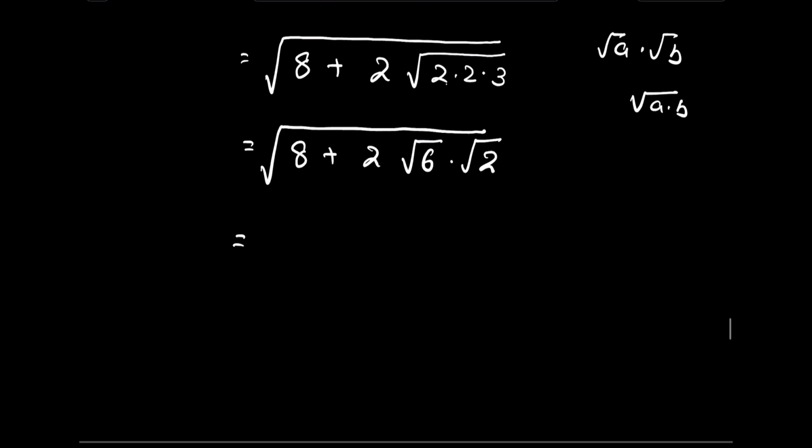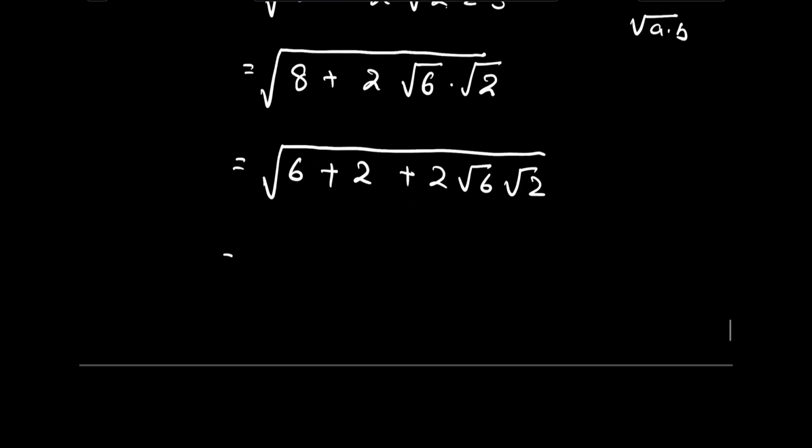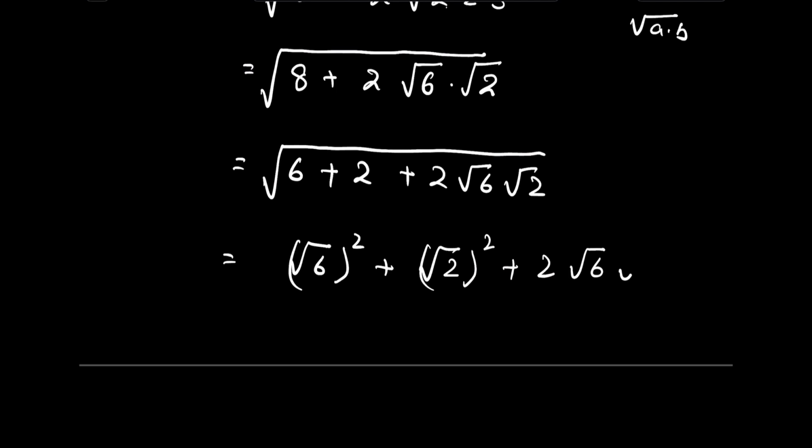Now 8 we can write as 6 plus 2, then plus 2 times square root of 6 times square root of 2 under square root, and 6 we can write as square root of 6 square, plus 2 as square root of 2 square.